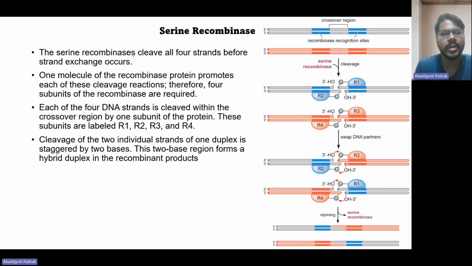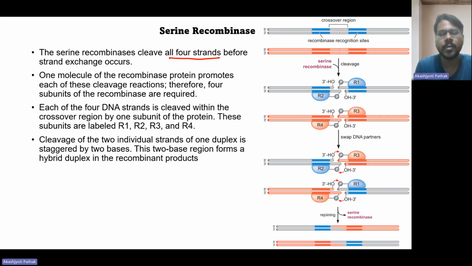So serine recombinase cleaves all four strands. Serine recombinase has cleaved all the four strands, both the strands of this DNA molecule having this crossover region, and similarly in the other DNA molecule, both the strands have been cleaved. So you see here that all the four strands are cleaved by serine recombinases.